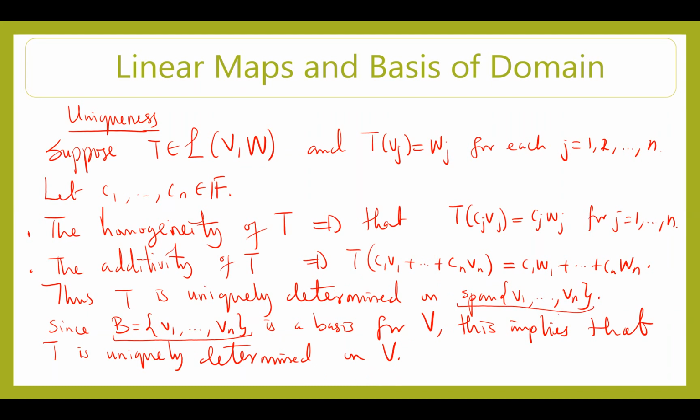So that concludes the fact that we can always find a unique T from V to W such that T of Vj equals Wj. I'm going to show you, most importantly, how to apply this theorem before the end of this video, okay?